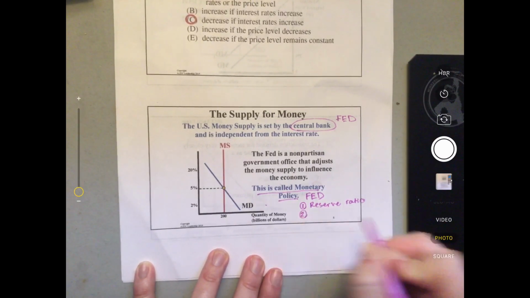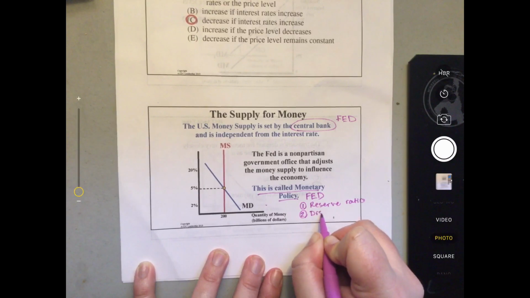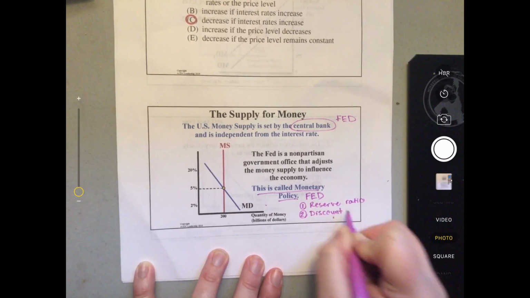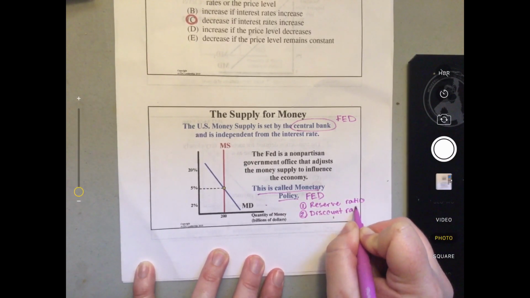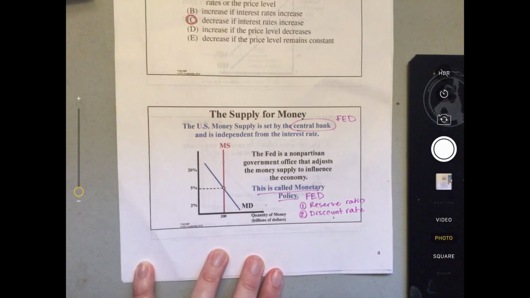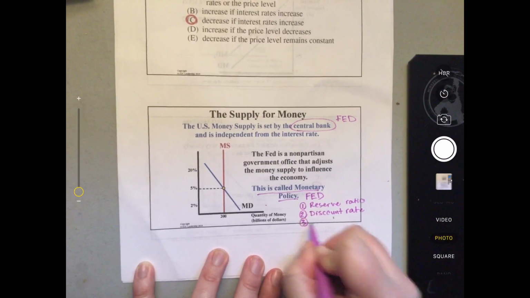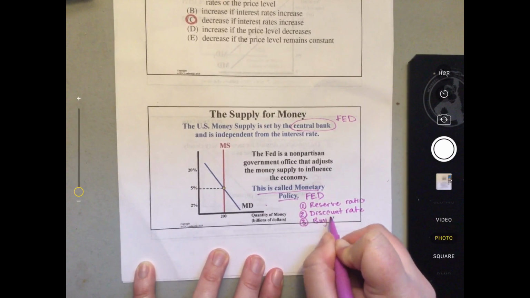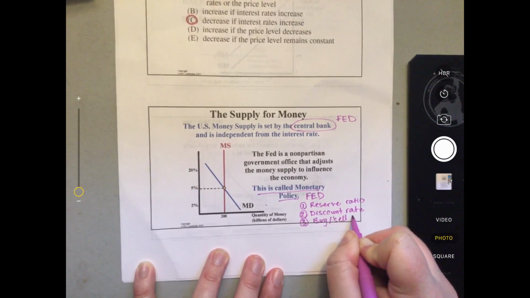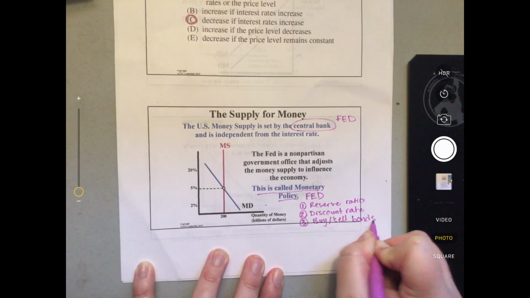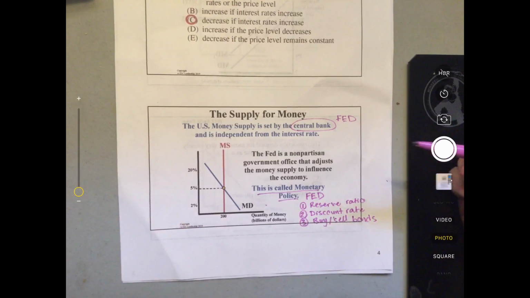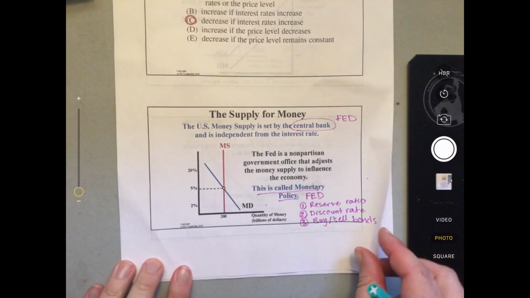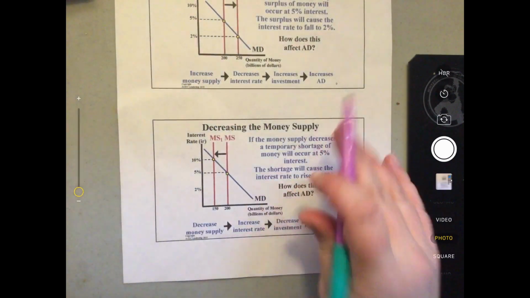They can increase or decrease the discount rate, and you'll be going over that later. And they can either buy or sell bonds. So we will be going over those 3 things, but that is what the Fed can do to shift the money supply to the right or the left.